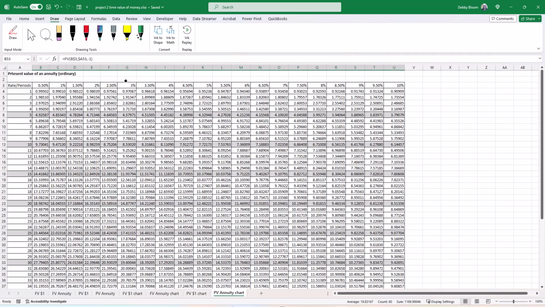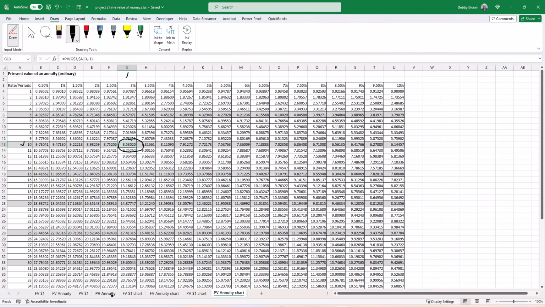So 3% column, 10-period row. My factor is 8.53020. So I'm going to circle it here so you can see where it is. 3% column, 10-period row, that intersection.